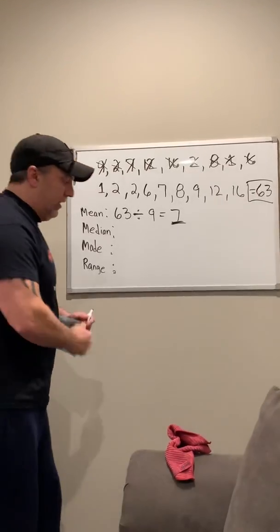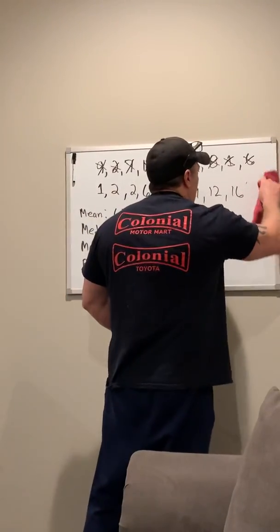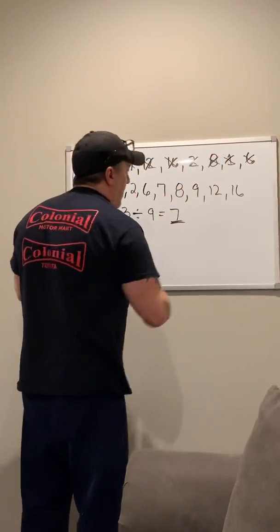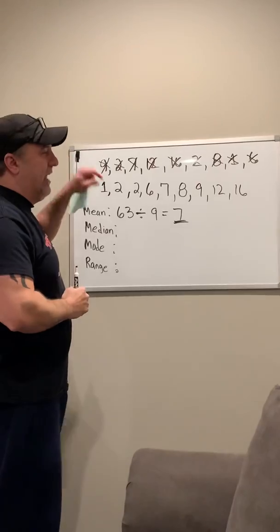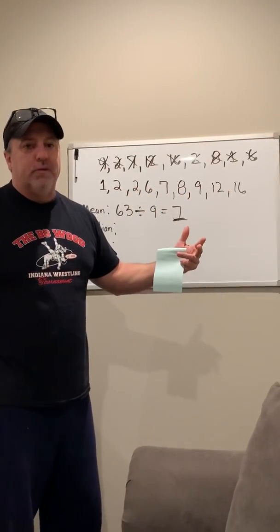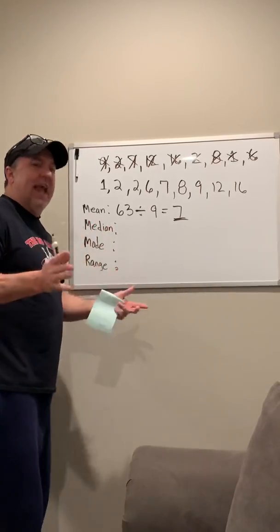Median. Now, this is where the odd amount of numbers versus an even amount of numbers comes into play, and you'll see what I mean on the next example. I have 9 numbers up here. That's an odd amount of numbers. The next problem I give you is going to have 8 numbers.